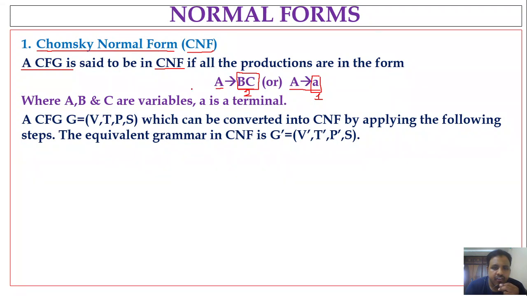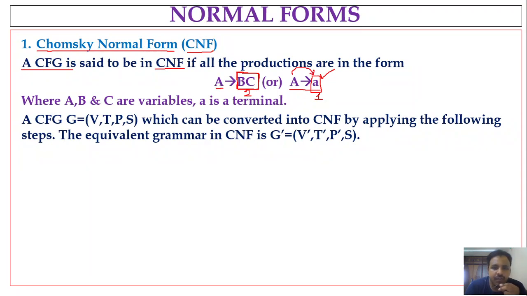If a variable is denoting other variables, the number of variables in the body of the production must be 2. If a variable is denoting a terminal, the number of terminal symbols in the body of the production must be only 1. So a variable may denote two variables, or a variable may denote one terminal, right?